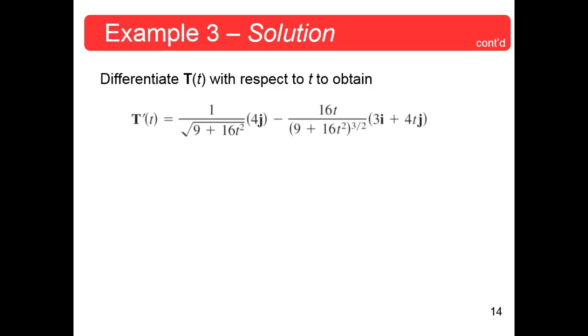And they wrote it so strangely, with a j part here and an i and a j part over there. But it's correct. We verified that. Now that's the unit tangent vector. The unit tangent vector is a unit vector, but its first derivative is not.